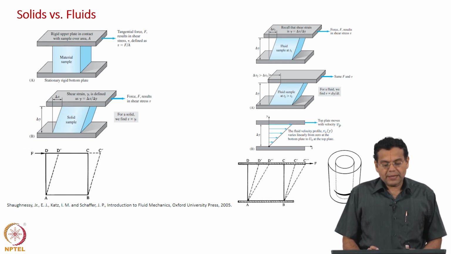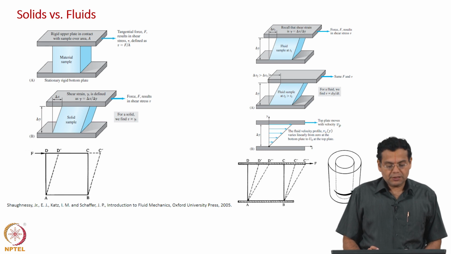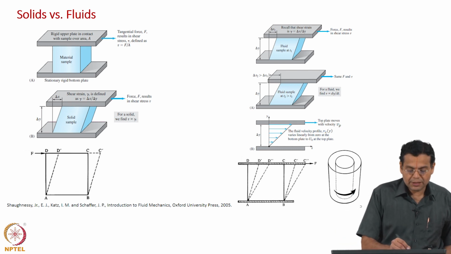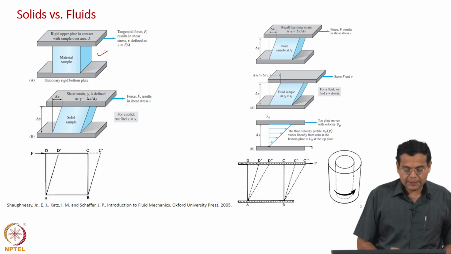So, when we apply a tangential force to a solid, it starts deforming and deforms until the internal stresses balance the external applied tangential force, and then it stops deforming, and that is what is shown here: an undeformed state and a deformed state.